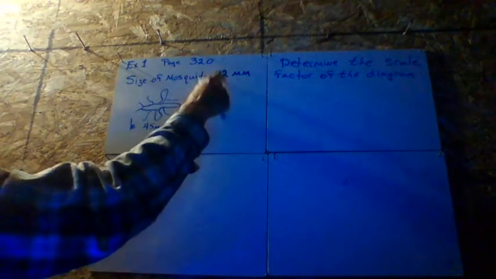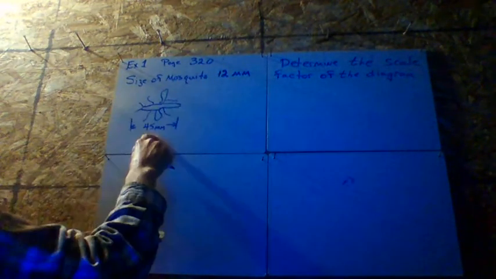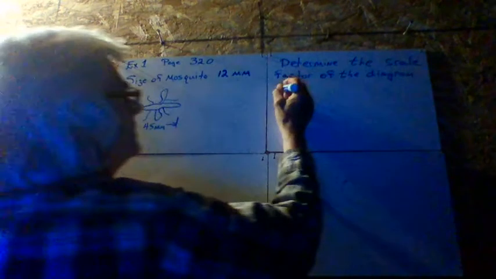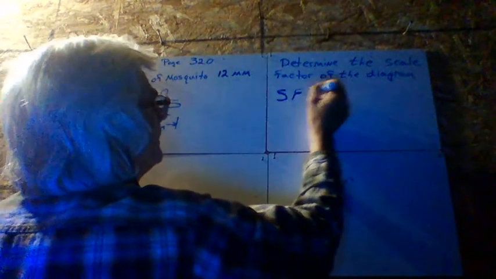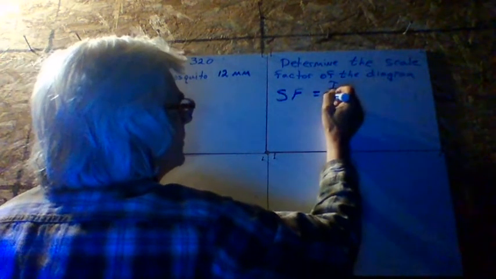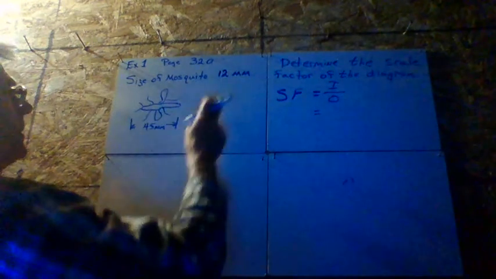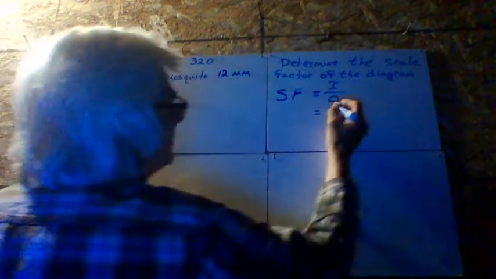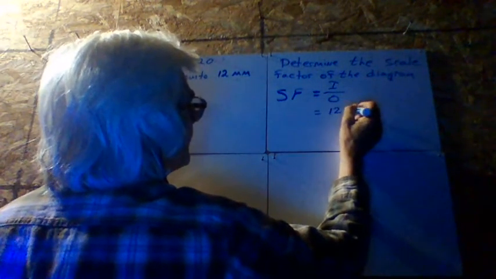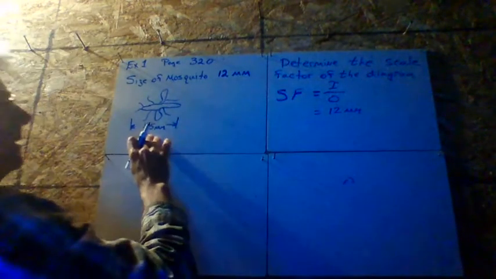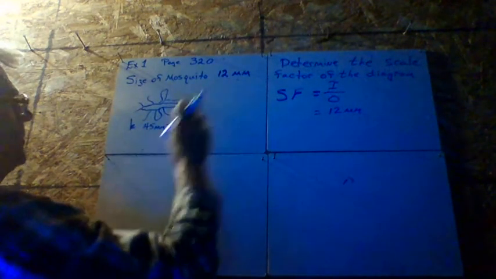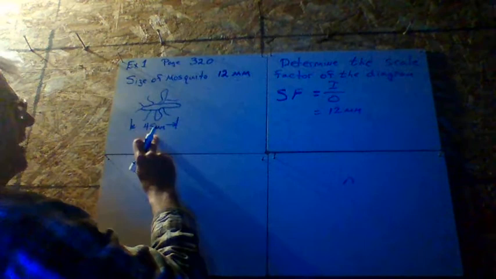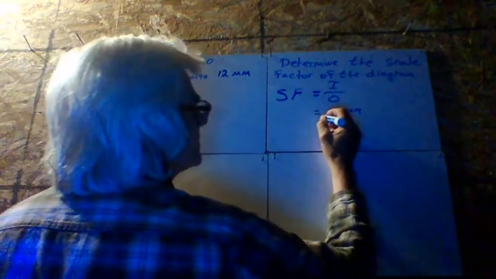The key is to determine the scale factor of the diagram. So this is my original, this is my diagram. My scale factor, again, is the image over the original. So my original is 12 millimeters, and my image, my diagram, is 45 millimeters.